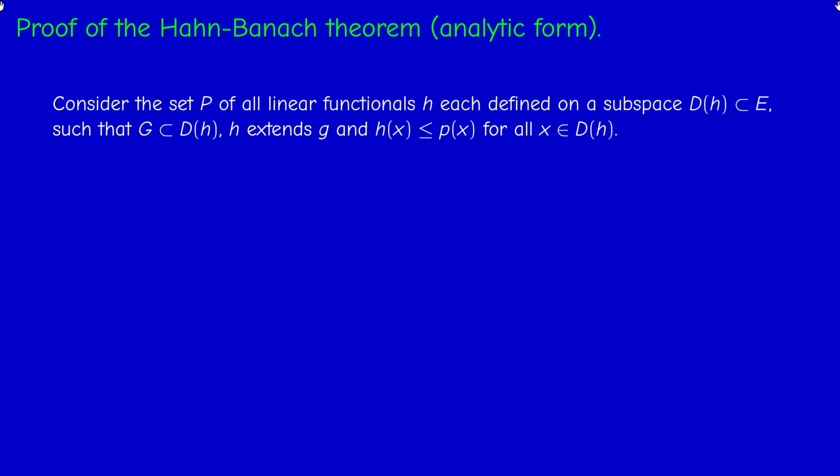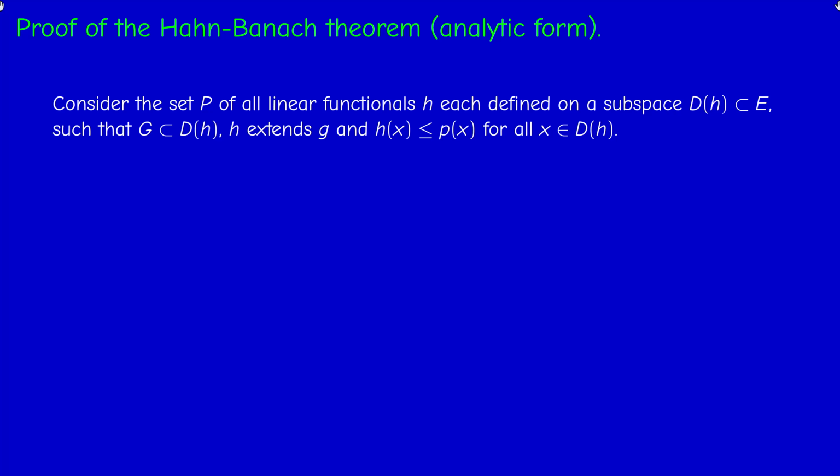Each h is linear. It's defined on its own subspace, so the domain varies from function to function. But all of these domains contain the subspace G, and h extends g and satisfies the inequality h(x) ≤ p(x) for all x in the domain of h.